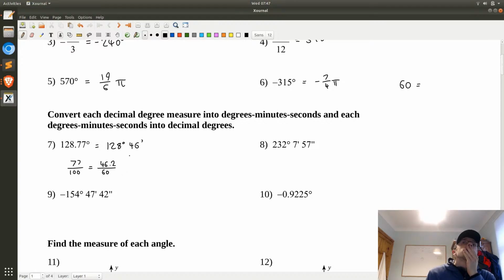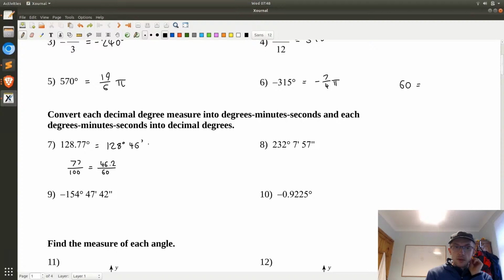Well, that's a fifth, isn't it? So that's a fifth of an entire minute, so that should be 12 seconds, shouldn't it?